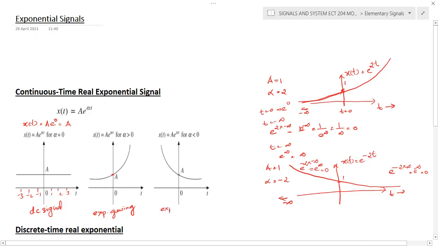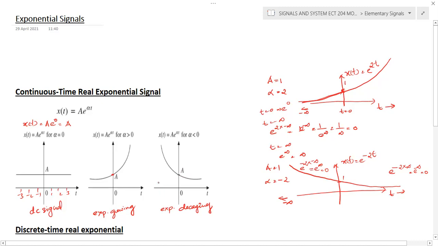At t is equal to infinity, the function magnitude becomes 0. Please make sure that this is not a constant value, straight line. It's a curve, and the curve follows the exponential values.